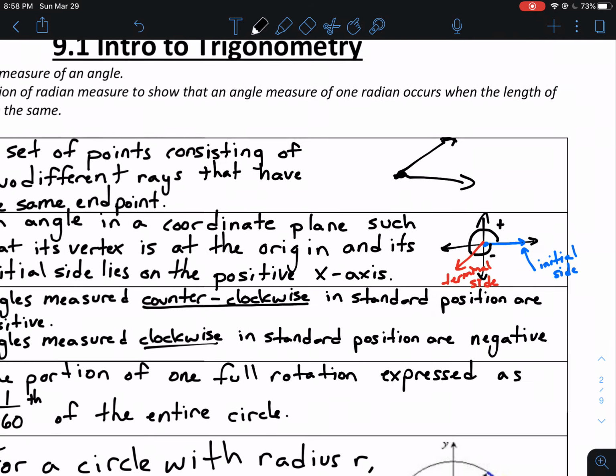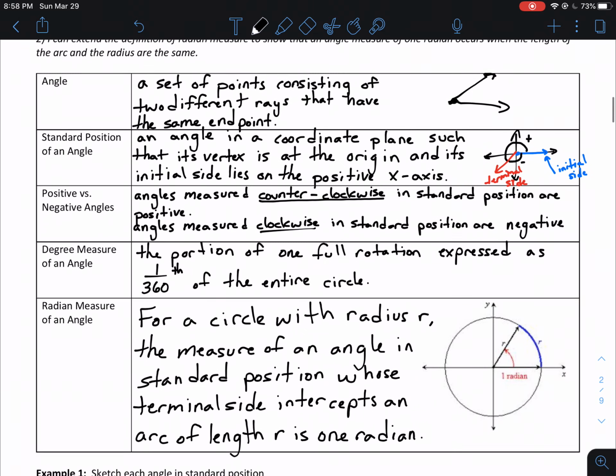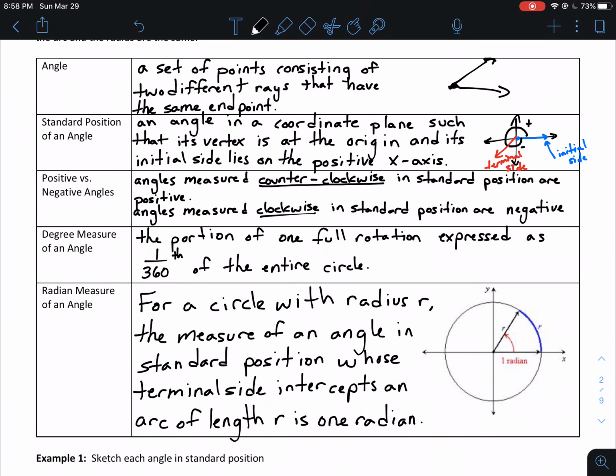Which is actually the next couple of definitions, if you hadn't already copied those down, is the difference between positive angles and negative angles. So a positive angle is an angle measured counterclockwise in standard position, and then a negative angle is an angle measured clockwise from standard position.